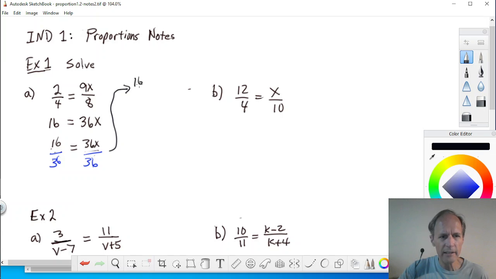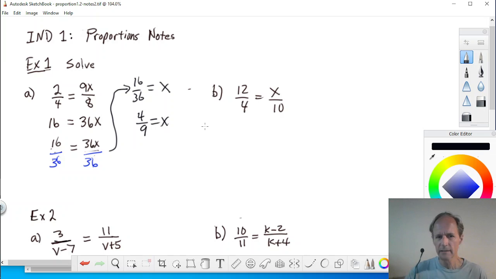So we got 16 over 36 equals x. Now we're going to reduce it. And 16 over 36 reduced to lowest terms is 4/9. Divide the 16 by 4 and 36 by 4. It's 4/9. If you want to put it in lowest terms, or turn it into a decimal by doing the division.